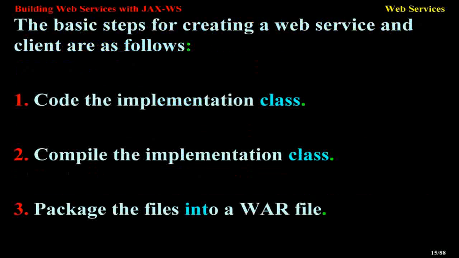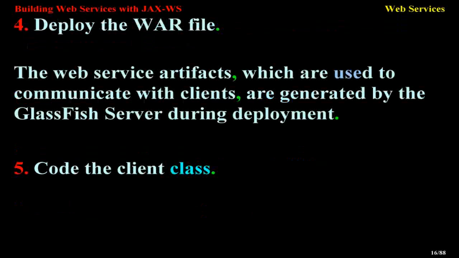The basic steps for creating a web service and client are as follows. Code the implementation class. Compile the implementation class. Package the files into a WAR file. Deploy the WAR file. The web service artifacts, which are used to communicate with clients, are generated by the GlassFish server during deployment.